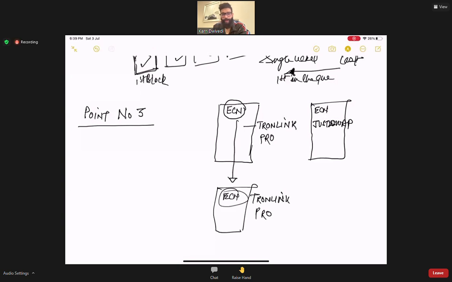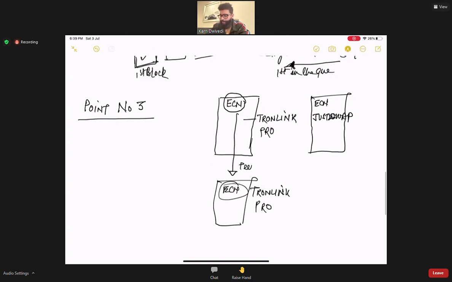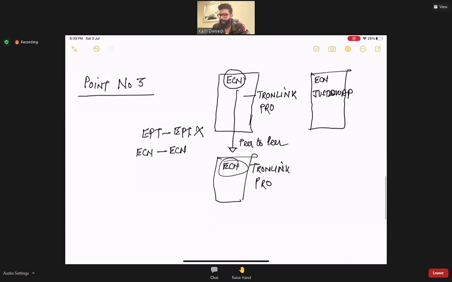This is the way you do peer-to-peer, because you cannot do EPT to EPT like today and tomorrow only. Day after tomorrow it will be closed. As you cannot do it, the other option is ECN to ECN, right? Here you can transfer from your TronLink Pro wallet, like John transferred 1000 ECN to, let's say, Sam.